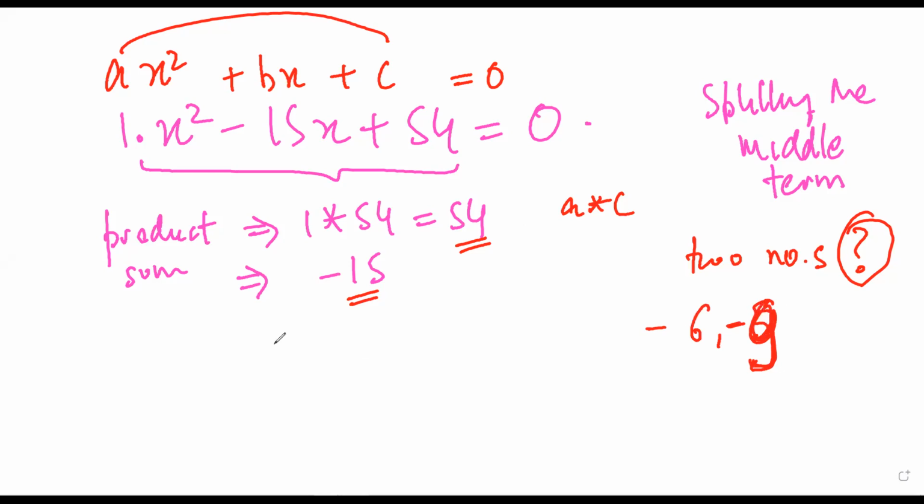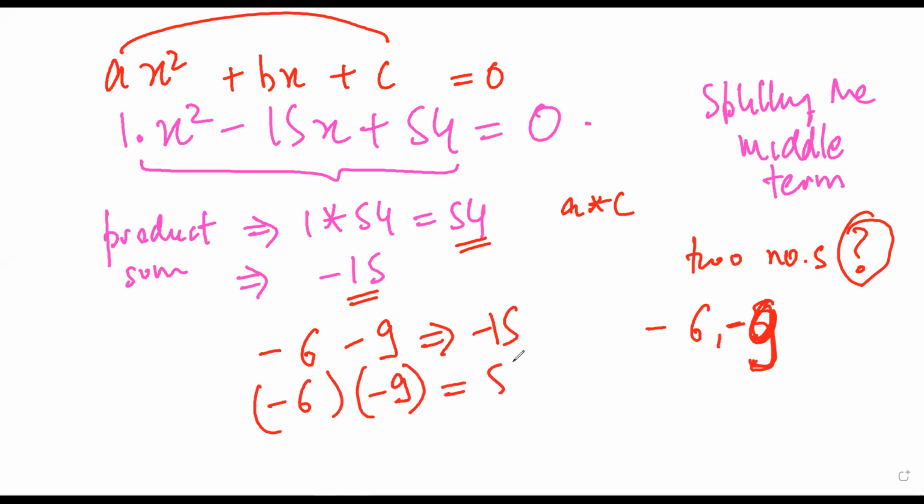Because the sum of these two numbers, minus 6 minus 9, would be equal to minus 15, and minus 6 into minus 9 would be equal to 54. Mr. Sarthak, are we clear? Yes.